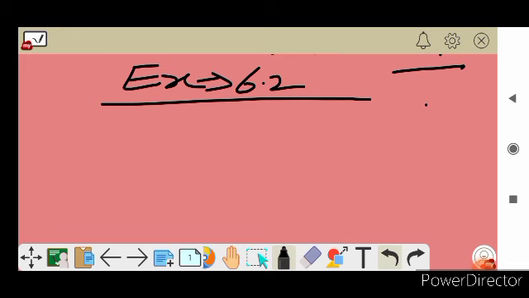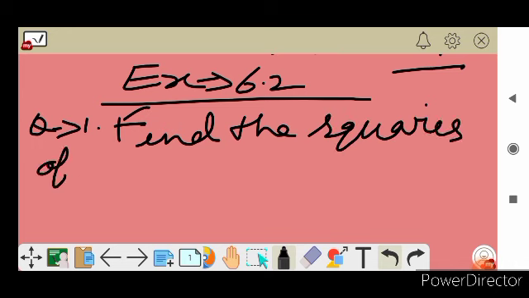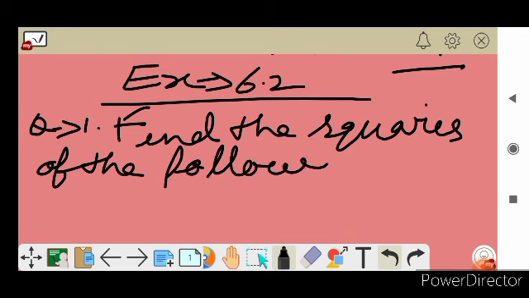We will use the identity (a plus b) whole square in all the parts of question number first. Find the squares of the following numbers.